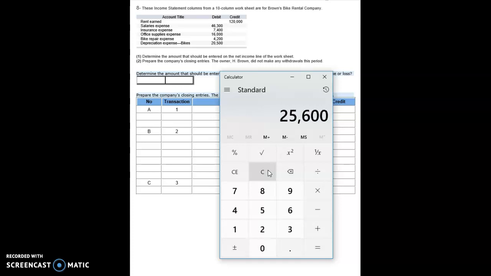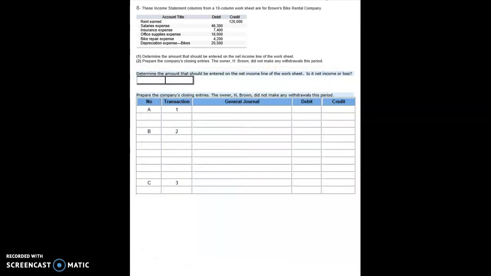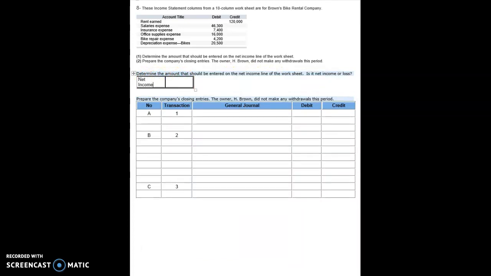That's going to give us net income of $25,600. Now it's net income because it's positive. If it were a negative number, that would be a net loss. So we're going to enter that over here, net income of $25,600. So that's our first step.